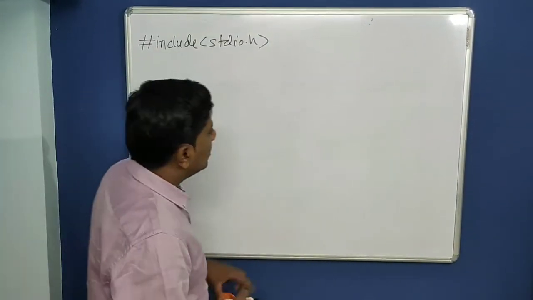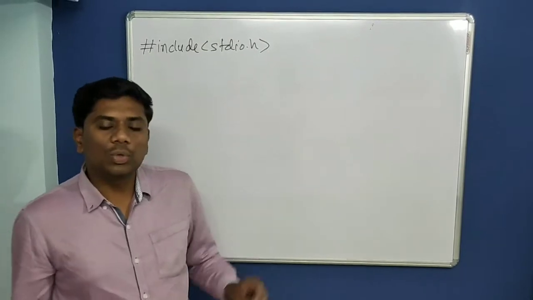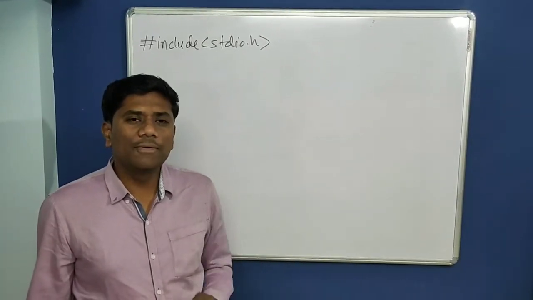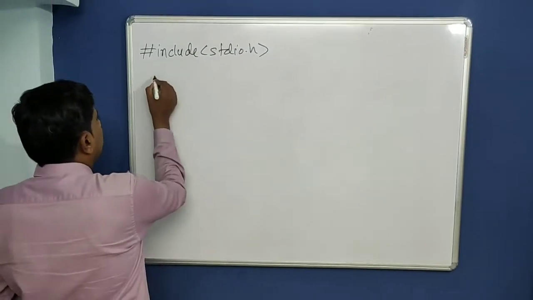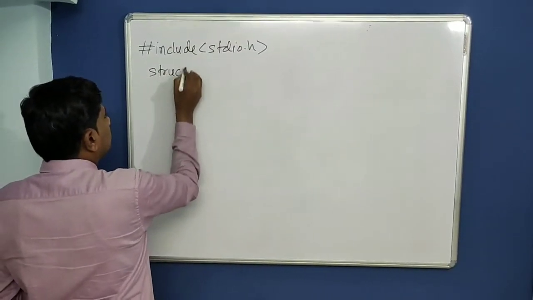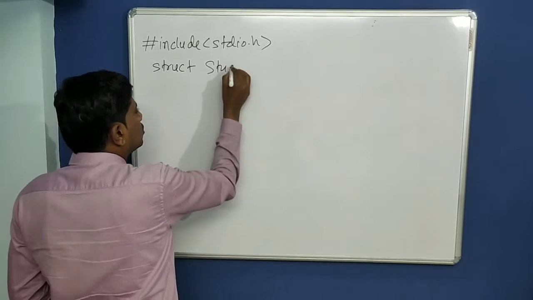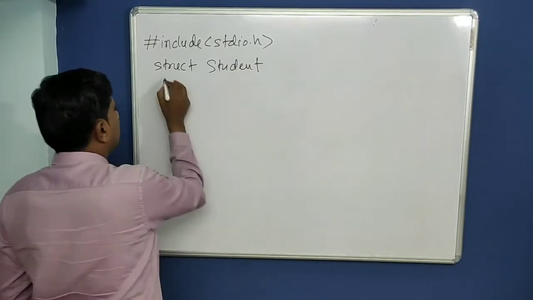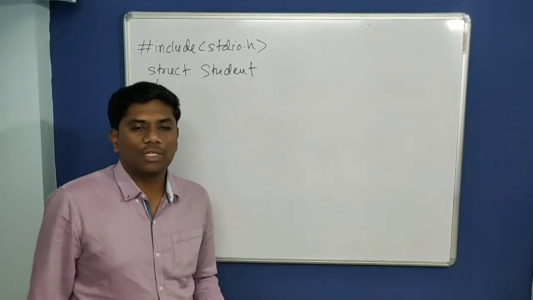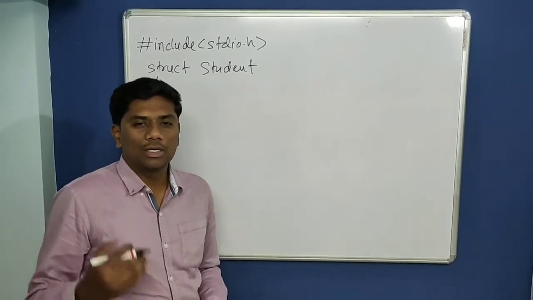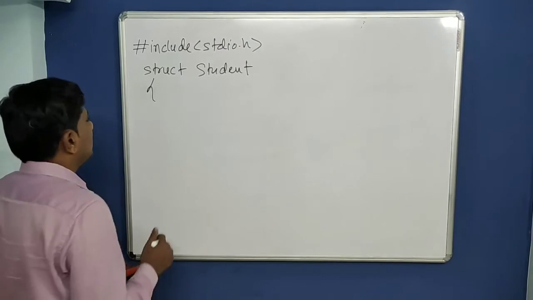Now what is given in the problem statement? We need to write a C program which defines structure student. So we can define structure student. We have already discussed the example of structure definition and the general syntax.